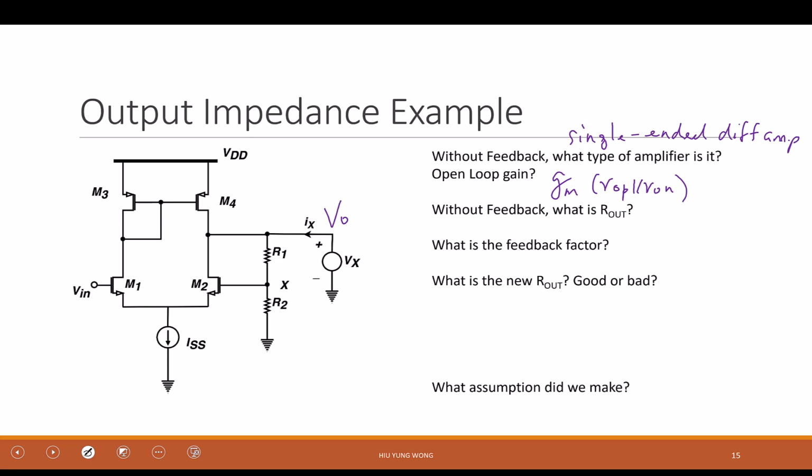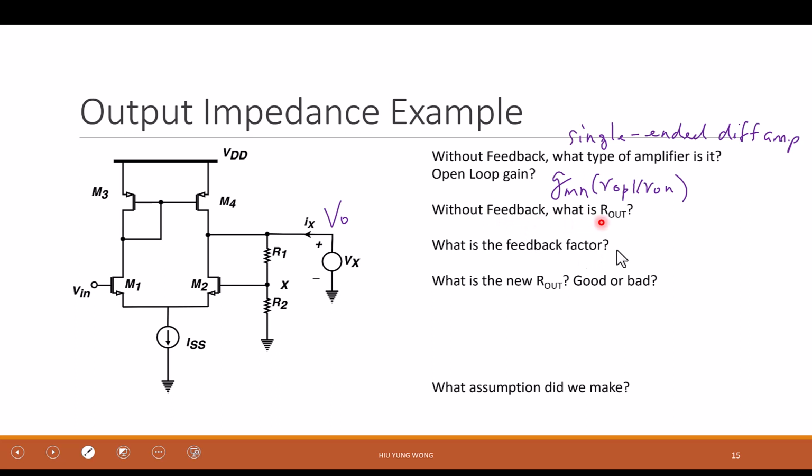GMN or GMP? N, because it's just like a common source. GMN times GMP parallel ROP, right? Of course, it's not on this branch, it's just overall. We did not derive it, but we say that this is correct from the textbook.